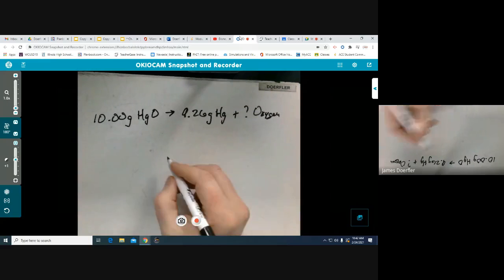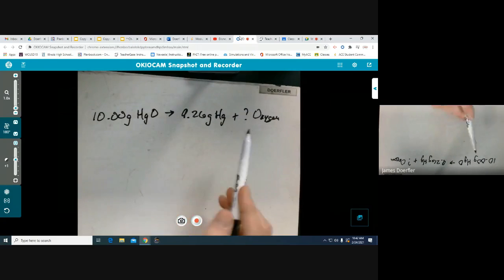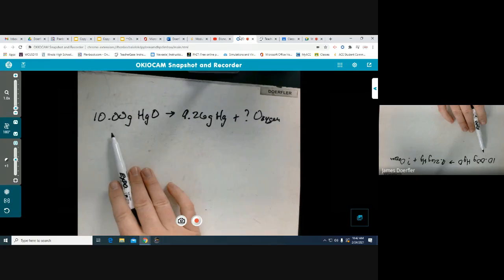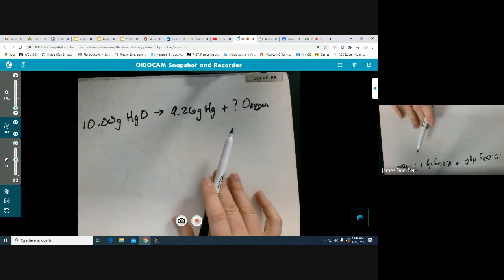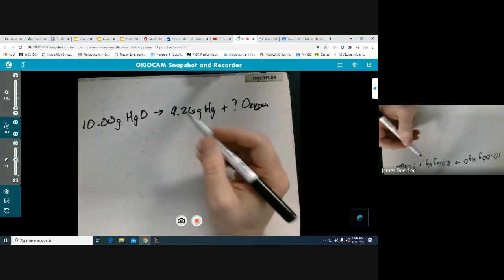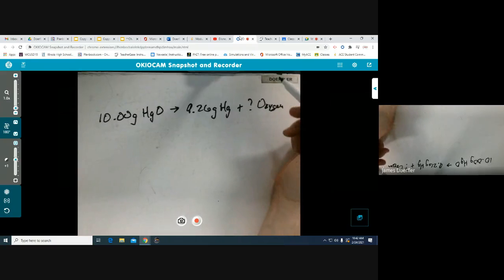Again, if you think about it as a teeter-totter or a balance, so we got to make sure that these are even. If our single or lone reactant has a mass of 10 grams, what must our product side equal? 10 grams. Okay? So, in order to solve for this, I'm going to do a little algebra.